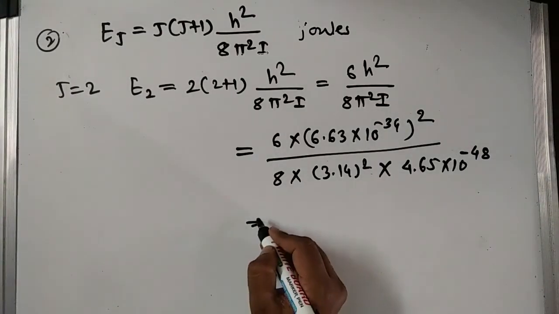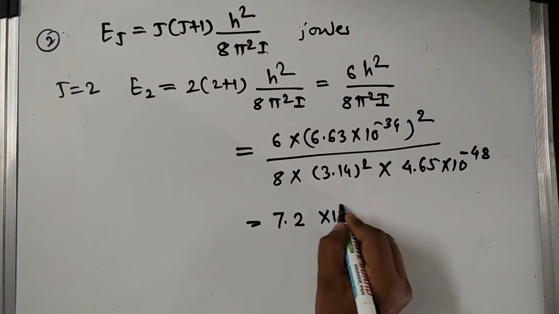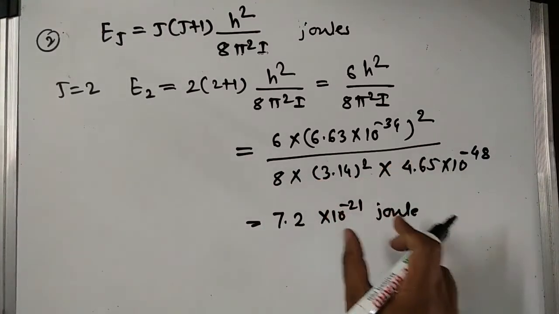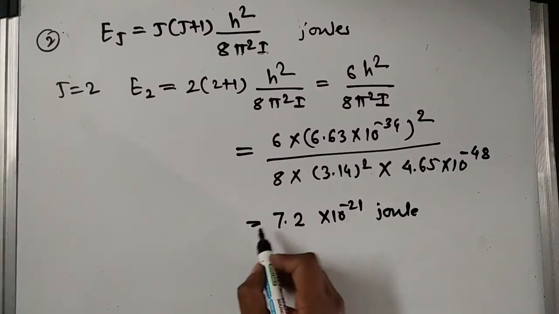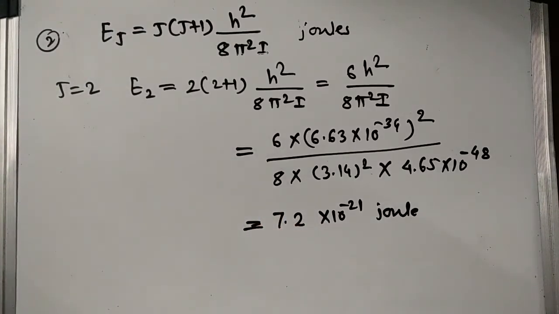If you calculate this value, it comes out to be 7.2 into 10 raised to minus 21 joule. So you can do the calculation and you will reach this value. So we have calculated the first two rotational energy levels for the diatomic molecule.